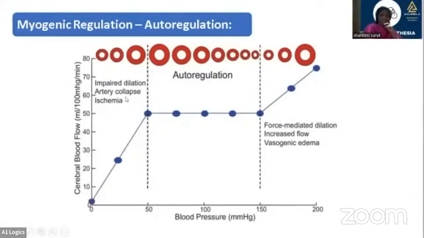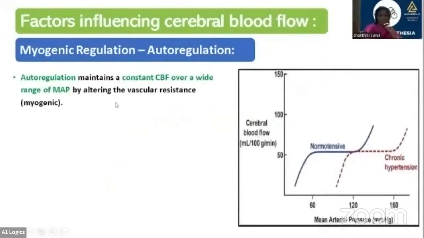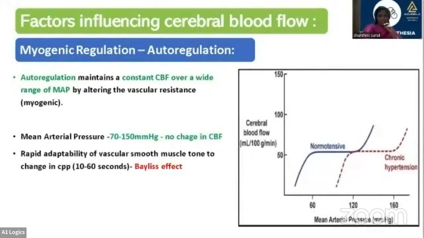Below 50, there is impaired dilatation and the artery goes for collapse resulting in ischemia. So autoregulation means constant blood flow is maintained over a wide range of mean arterial pressure by altering the vascular resistance. This is the myogenic theory.